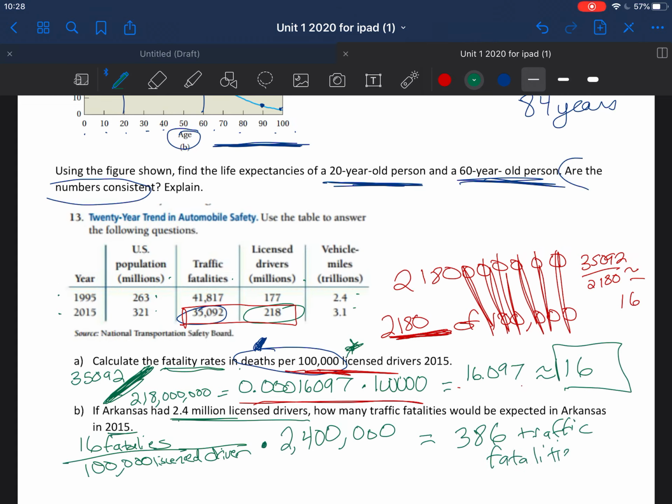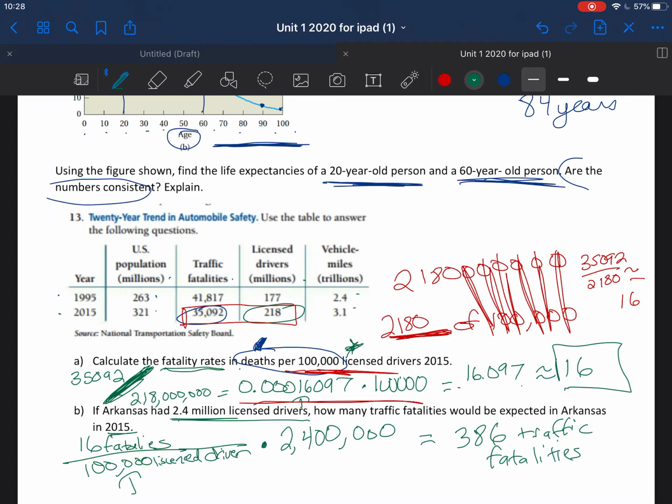Now again, this is per all Arkansans, which is why we multiplied by 2.4 million and didn't just magically come up with that number. Okay, so you can get the rate per person, that's what we had here or here, and then multiply by however many you want it to be per, because of beautiful fraction rules, and have that.